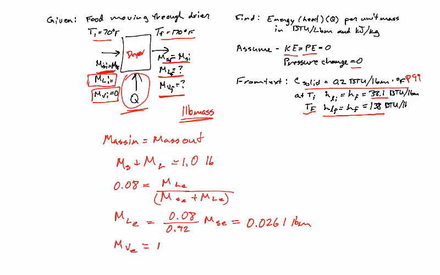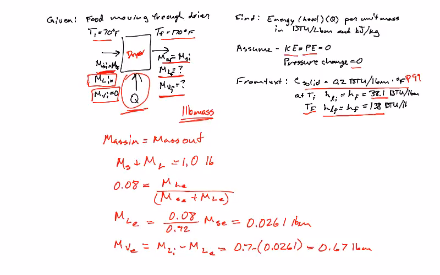That's equal to mass of liquid in minus mass of liquid out, which is 0.7 minus 0.0261, and so your mass of vapor is, call it 0.67, right?